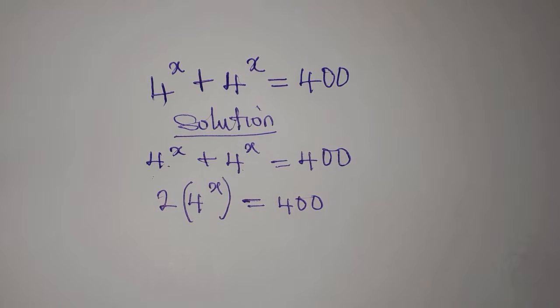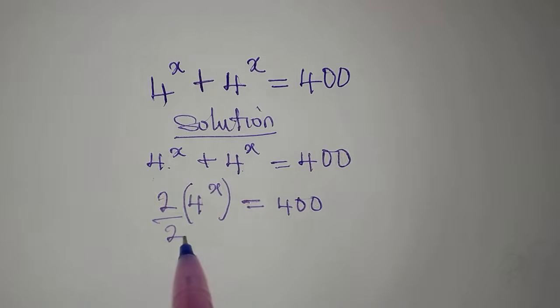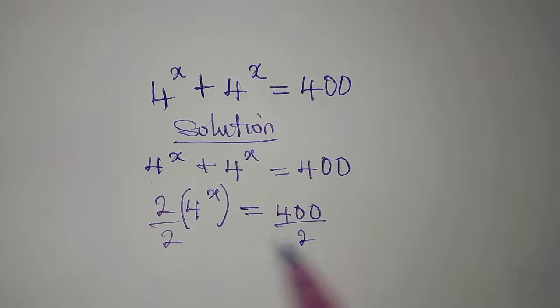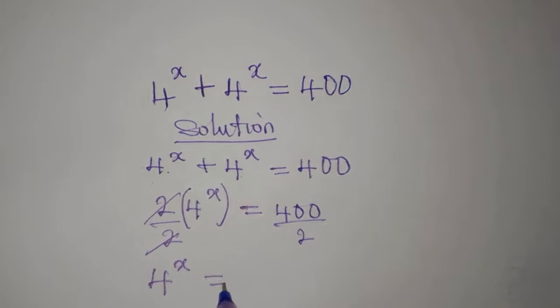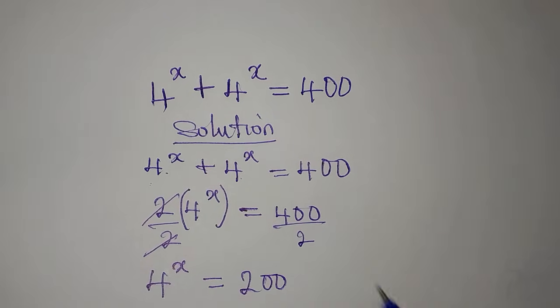So now the next target is to remove the 2 from here, and we do that by dividing both sides by it. So now we have 4 to the power of x equal to 200.